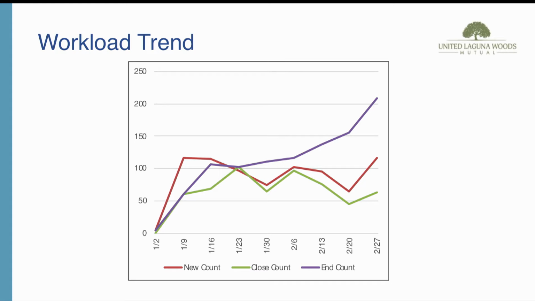January 9th, for example, we received 117, and we closed 61, as you can see from the table on the left side. So pretty much every week, we have more new tickets coming in than closed.